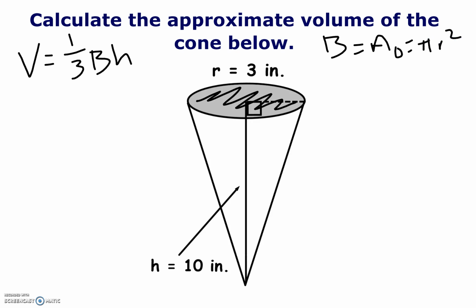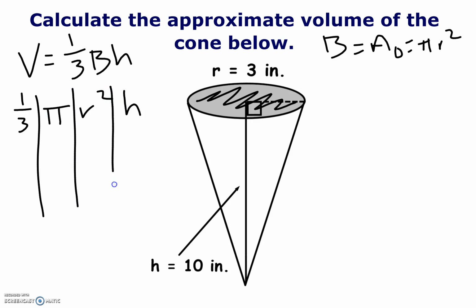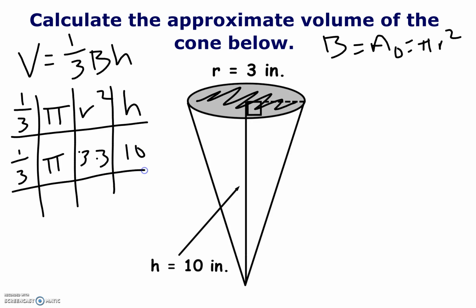So let's build our table. 1/3 pi r squared times the height. Draw your lines. So we have 1/3 pi. Your radius is 3, so that's 3 times 3, and your height is 10. So we have 1/3 pi times 9 times 10.